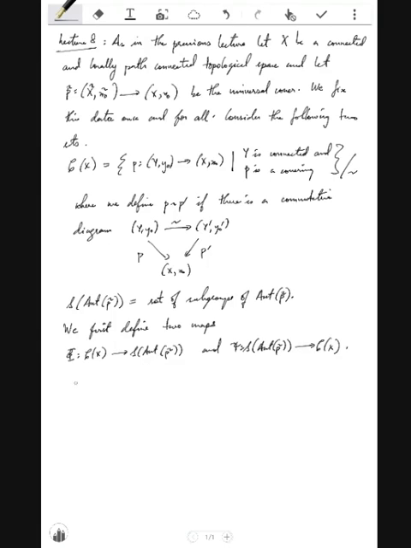So let us first define phi. So given a cover p from Y naught to X naught, there is a unique lift f.